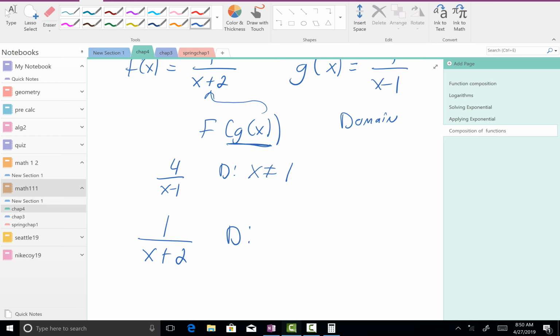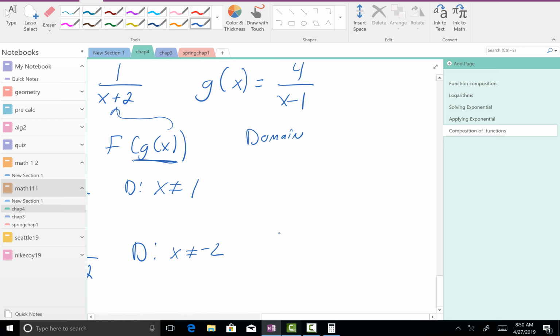Can't be negative 2. But all that means is that for this 4 over x minus 1, that can't be negative 2. So the outputs from the g become the inputs, so that output can't be negative 2.